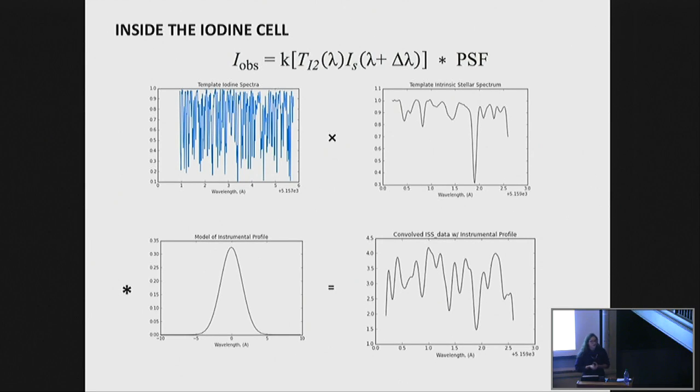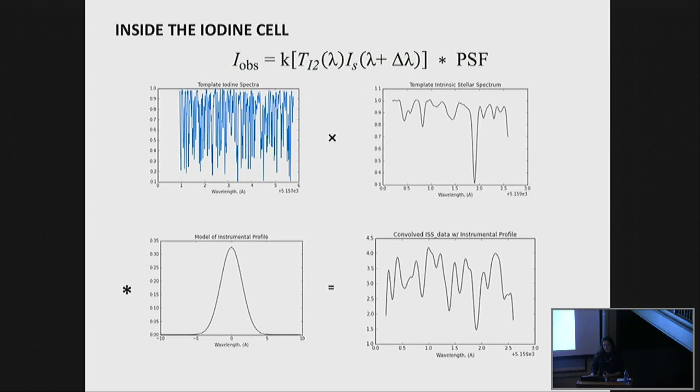The reason we use iodine is precisely because it has many sharp features in the 5,000 to 6,200 angstrom range, it is non-lethal, which is always good, and it is a very stable molecule.